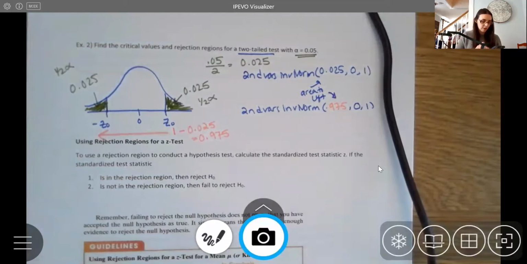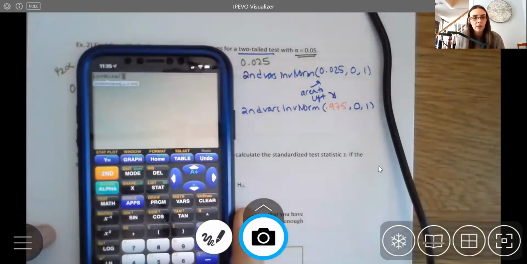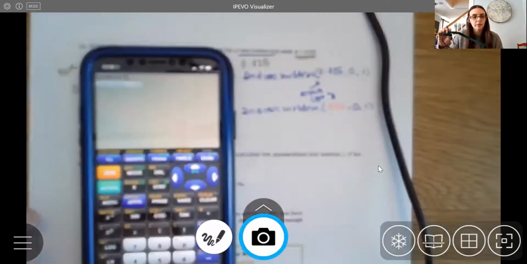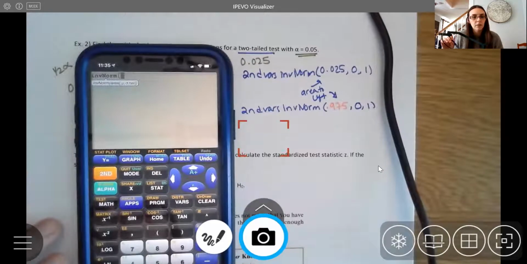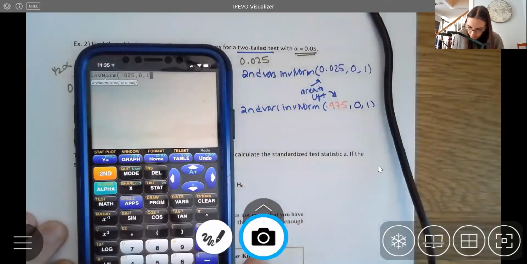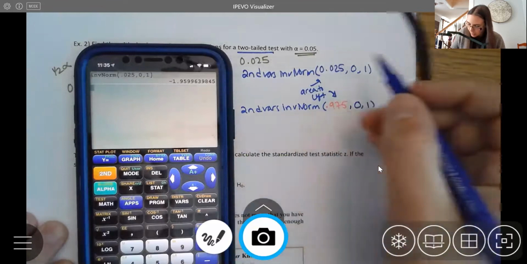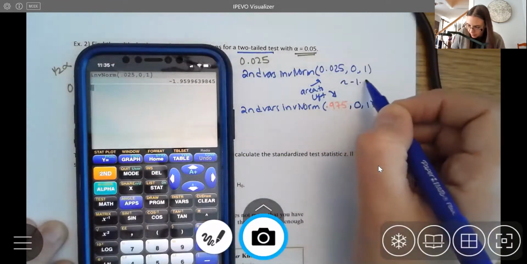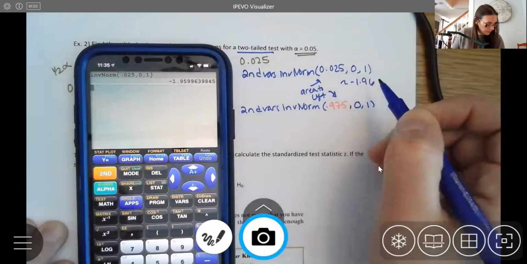So let's try that first in our calculator. So I have inverse norm, and then I'm going to put this one in first: 0.025, comma, 0, comma, 1. And I get about negative 1.96 here.